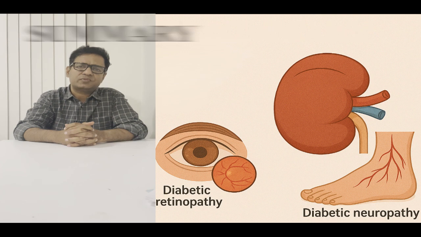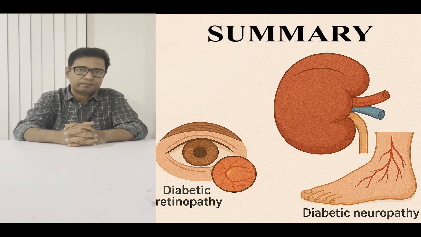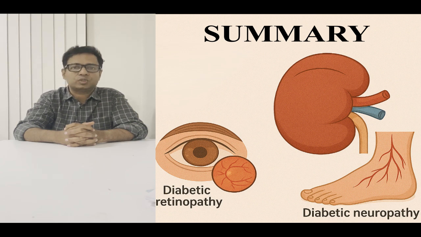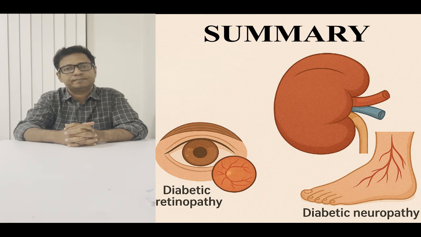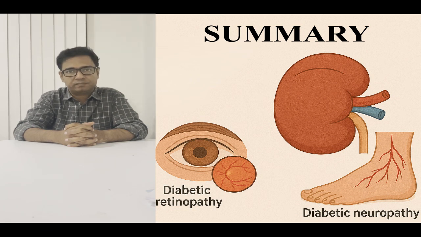So what are the things we can do to stay healthy? First, we have to keep our blood sugar levels within the target range. We have to control our blood pressure within the appropriate range. We have to control our cholesterol in the blood. And we have to eat a balanced diet.